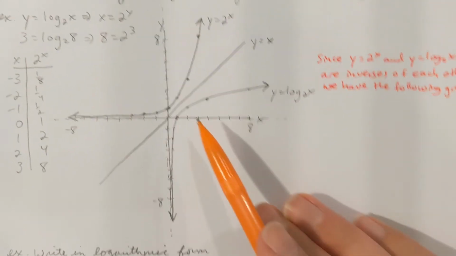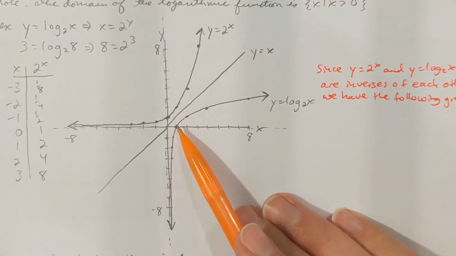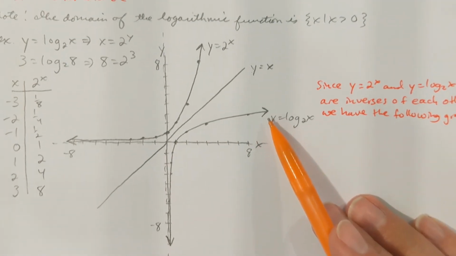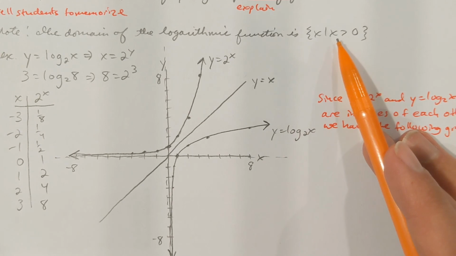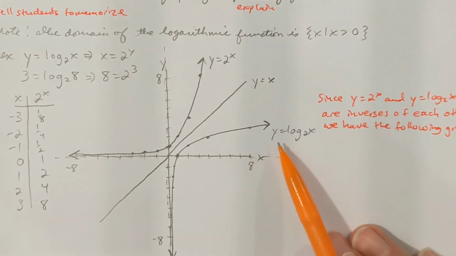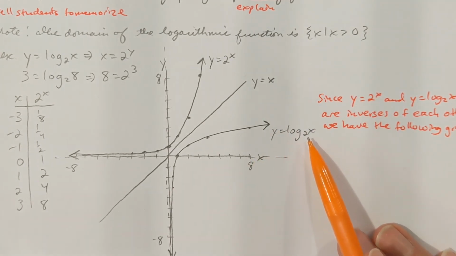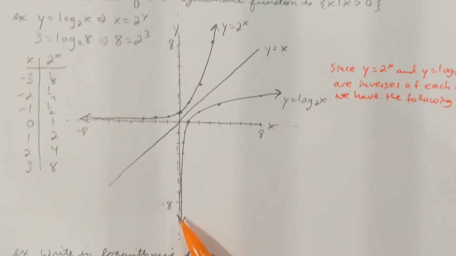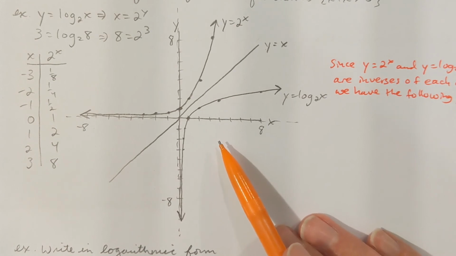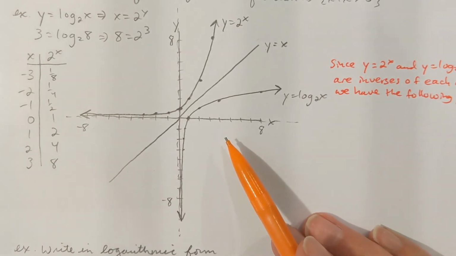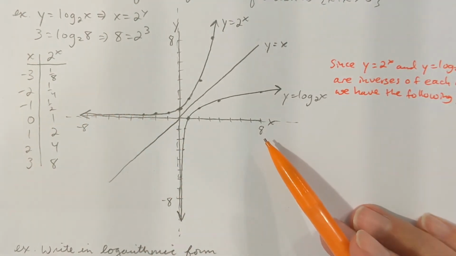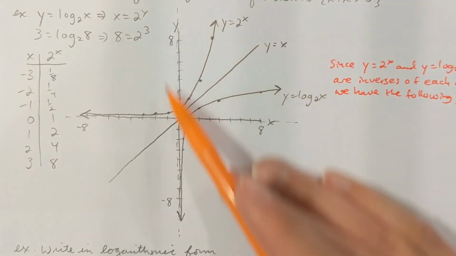In this graph here, here's the graph of this logarithm. By the way, note that the domain of y equals log base 2 of x is all positive numbers, right? I've got a vertical asymptote at x equals 0. That's a feature of a logarithm, by the way. A logarithmic curve will always have a vertical asymptote. That came from converting the horizontal asymptote on the exponential to a vertical asymptote.